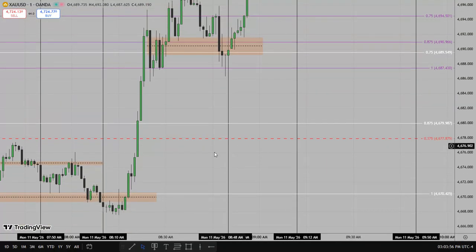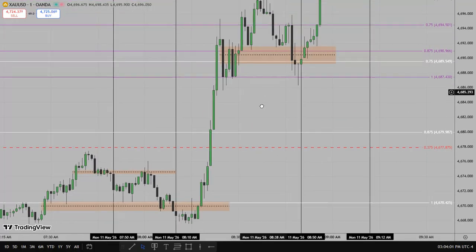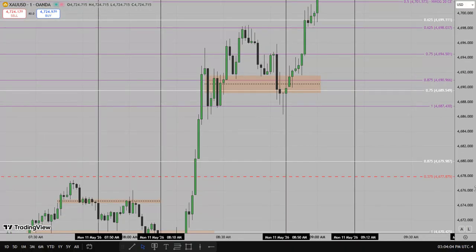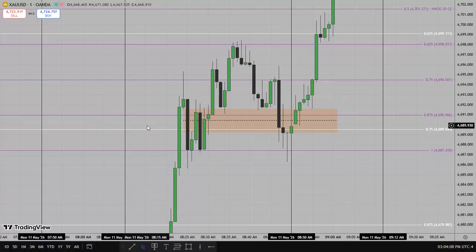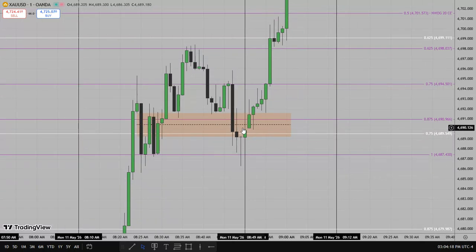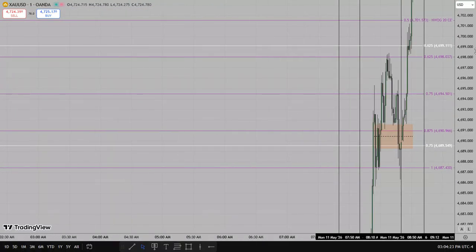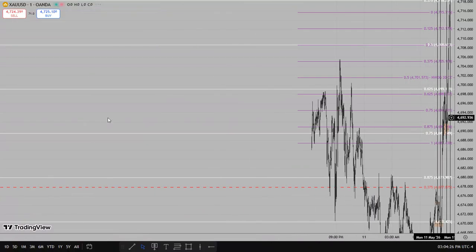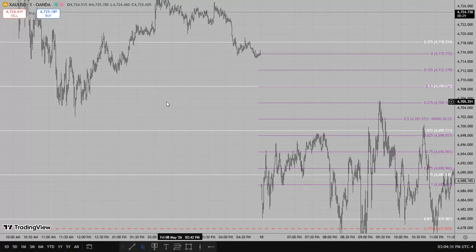Let's go to the second macro. So the first macro was 7:50 to 8:10 a.m. That is New York time, the Eastern time. So I have the sell side imbalance, buy side inefficiency. Do you see how price uses that there? Just remember that not so long ago we talked about this new week opening gap here.